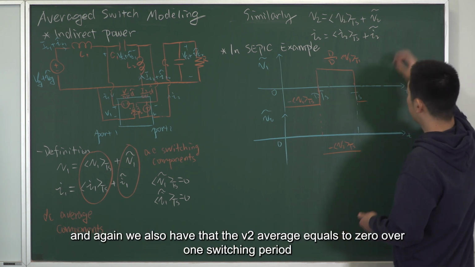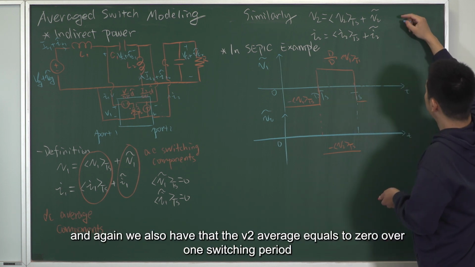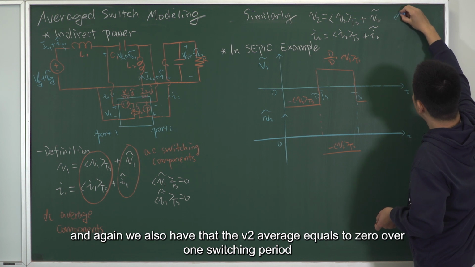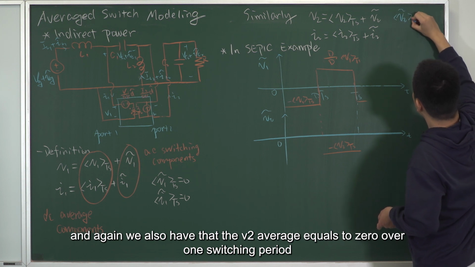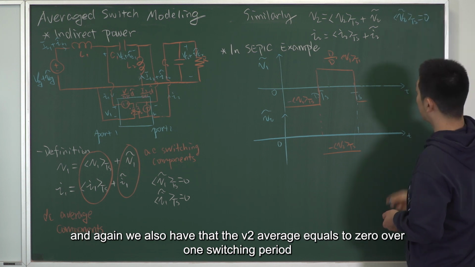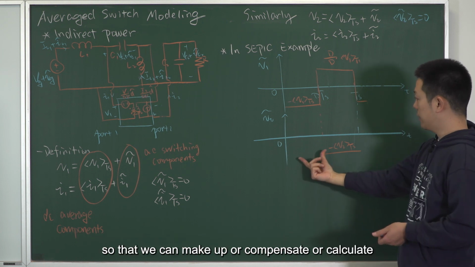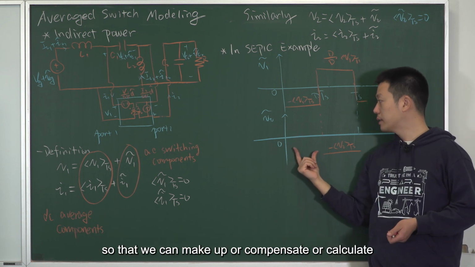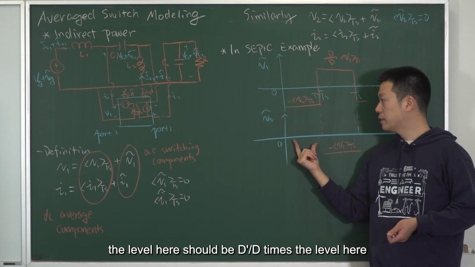And again, we also have that the V2 average equals to 0 over one switching period, so that we can make up or compensate or calculate the level here.